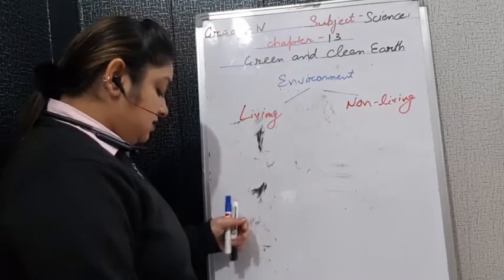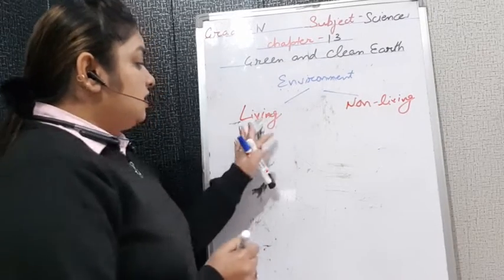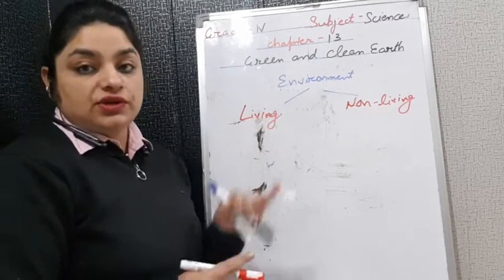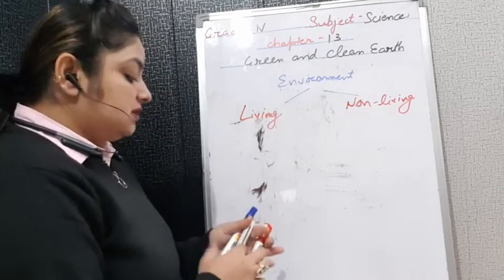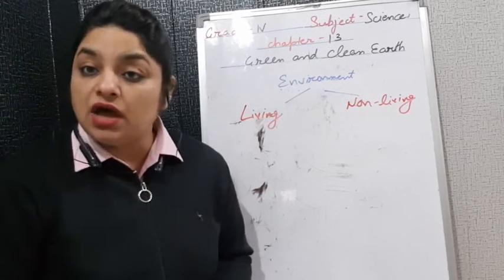Next is importance of trees. Now, in the living things, first one is trees. Trees are very important to us. How are they important? There are so many things which we are getting from the trees.